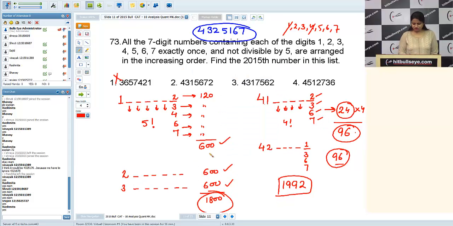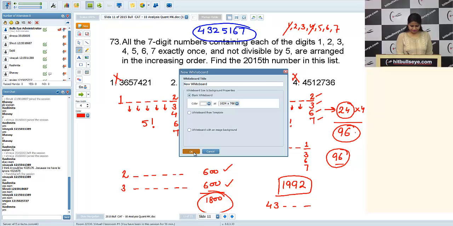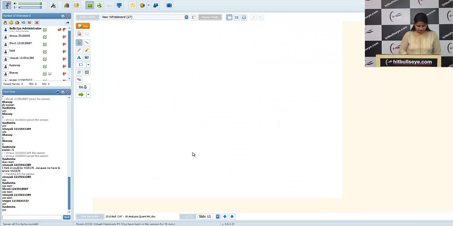So it is for sure that my number will start with 43. That's why the fourth option is not the answer. Now, if my number is starting with 43, the first number you will get in increasing order will start with 431.